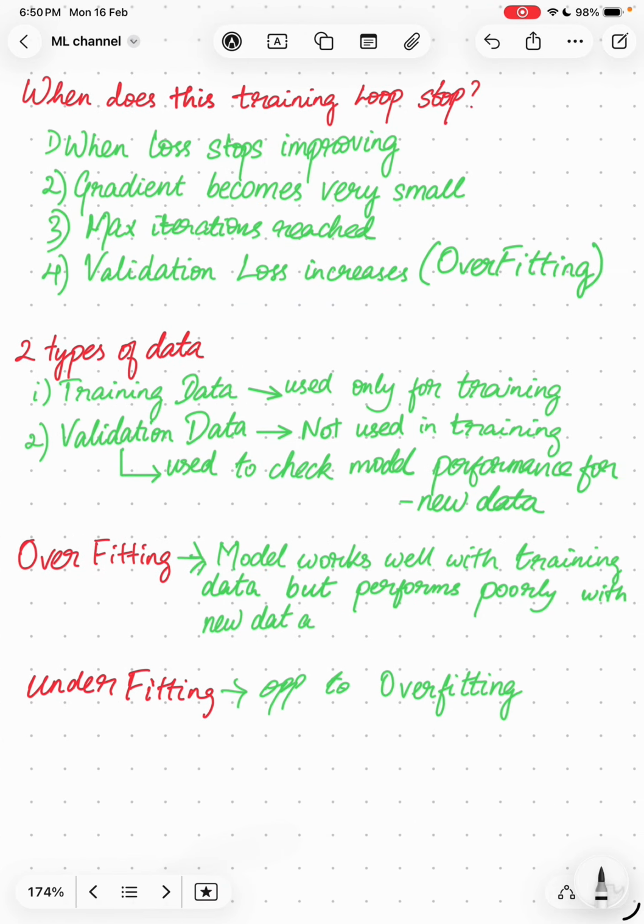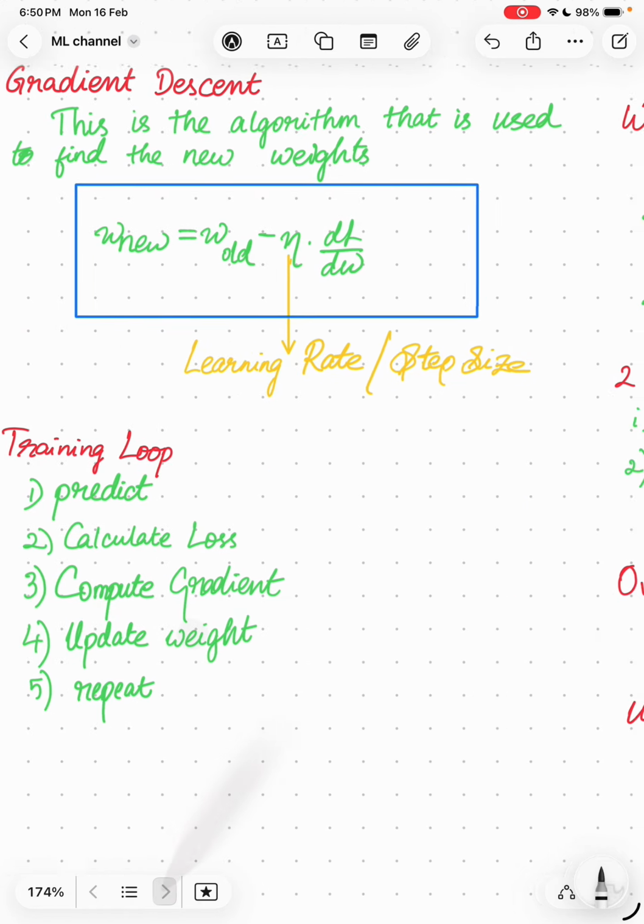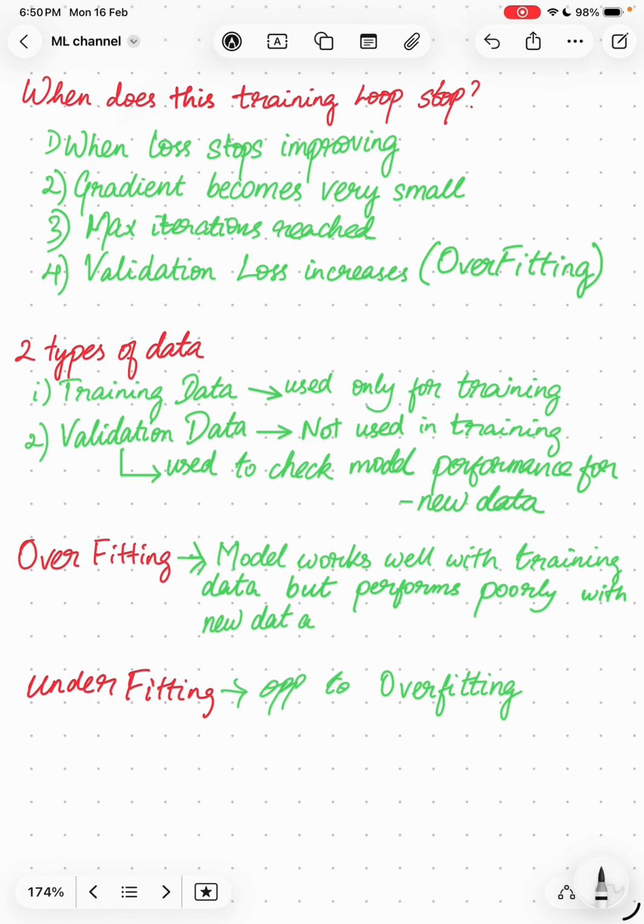So like I told you, this training is a loop, guys. It will stop when the loss stops improving. If there is no significant improvement in the loss, that is when this training loop will stop, or if the gradient becomes very small.